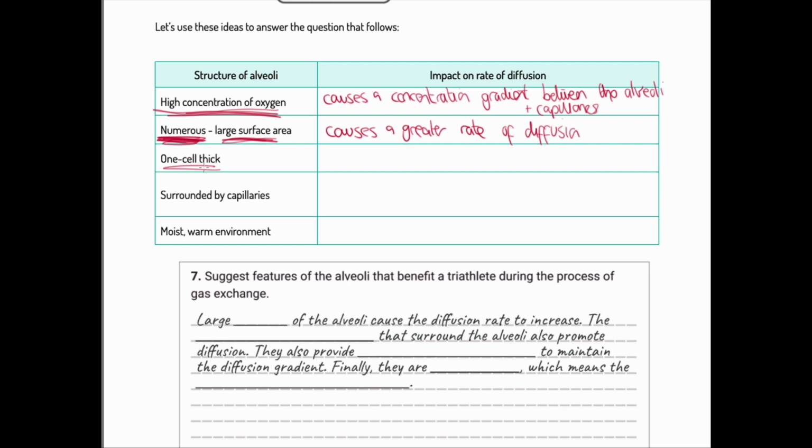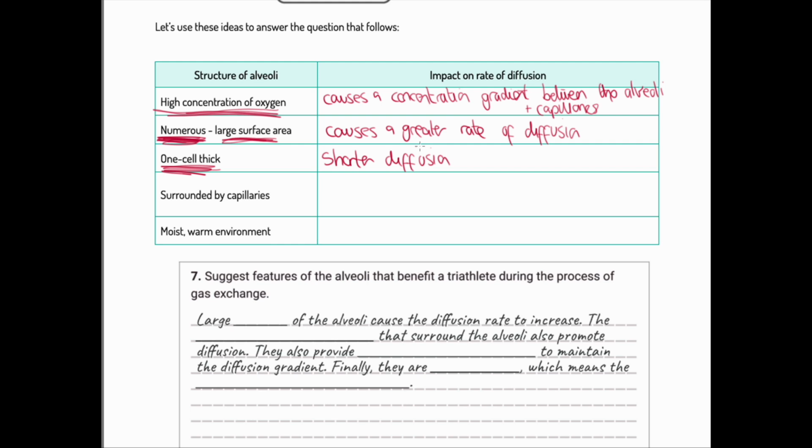Then we get 1 cell thick. It really should be 1 cell thin, but anyway, this means it's a shorter diffusion pathway. They don't have to go very far. If you've ever gone on holiday and entered the airport, it's really nice when you don't have to walk very far from the airport to the gate.